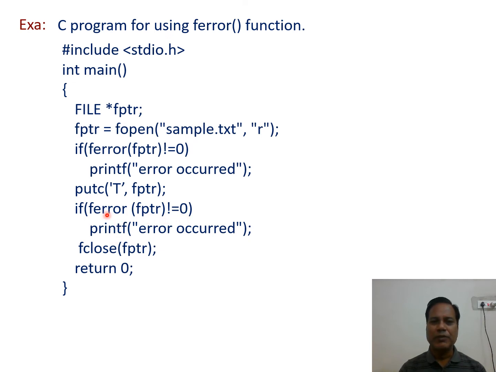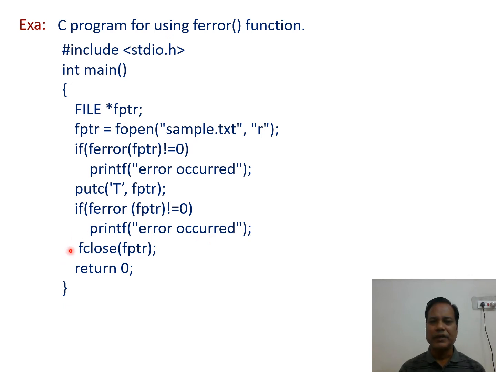Then this condition may be true, and if it is true, this error message is going to be printed. Naturally, here the file is open in the read mode, and when we try to write some data in that file opened in the read mode, an error will occur. So this message will be printed on the output screen.